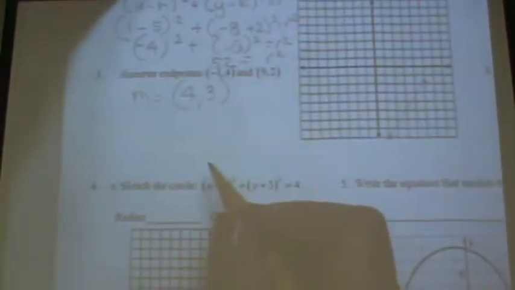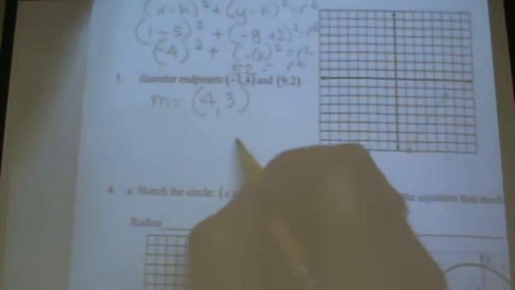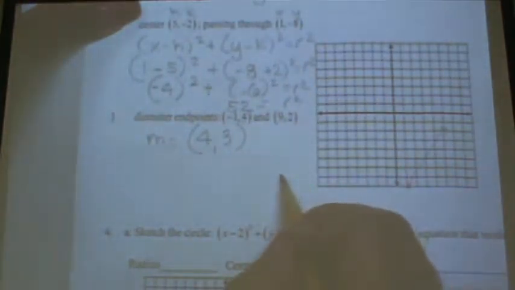So my center is going to be x minus 4, and then y minus 3. Now all you have to do is figure out the radius. What I did was I used this point, and you pick one point and you do exactly what you did up here. So you're going to do x minus h squared plus y minus k squared equals r squared to figure r squared.